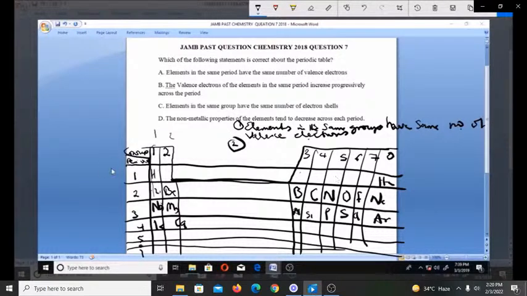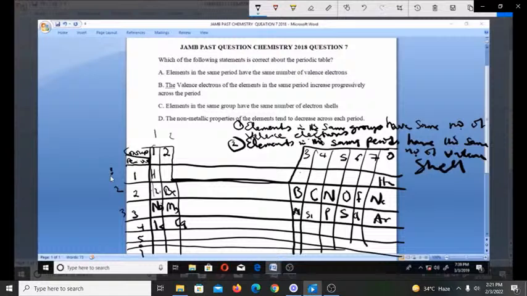These are the periods, period 1, 2, 3 to 7. Elements in the same period have the same number of valence shells, not electrons, valence shells.